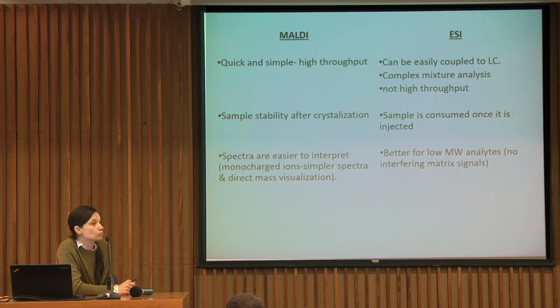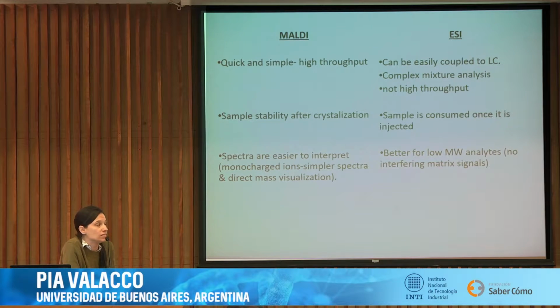In the case of electrospray, one of the biggest advantages is that since the analyte is in liquid phase, it can be easily coupled to liquid chromatography. This is very important because it allows for the analysis of complex mixtures. The analytes will be separated along the chromatography run, and they will reach the ion source at different times.